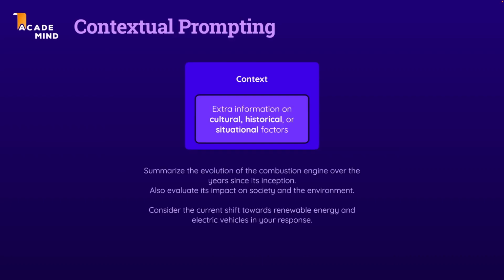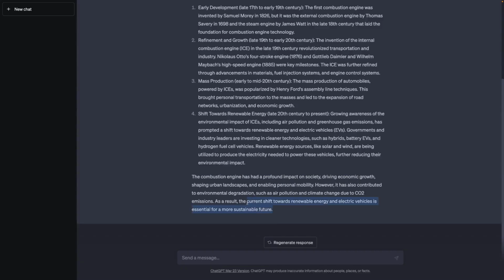But it's a specific kind of extra information which is easy to overlook or which you might not always think about, but which can make certain responses for certain prompts way better. Like here, for example, where we do get this extra information about the impact of the combustion engine, both the positive and the negative impact, and we get a whole paragraph dedicated to the current shift towards renewable energy and electric vehicles.